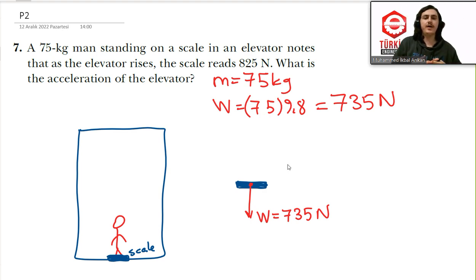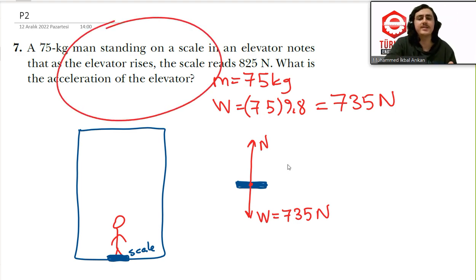When the elevator accelerates up, the scale must exert more force on the guy, normal force, which makes the guy move up with an acceleration. So the normal force, which is here, must be bigger than this weight because we are accelerating up.